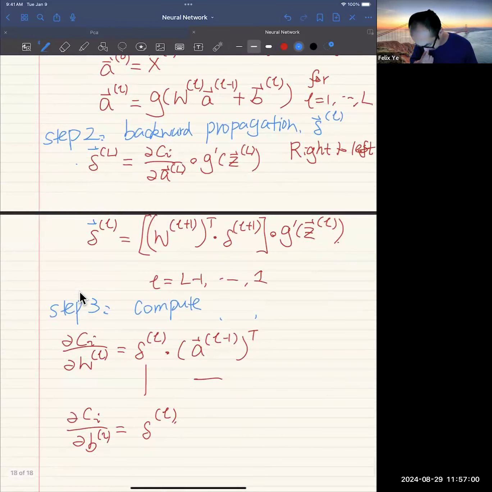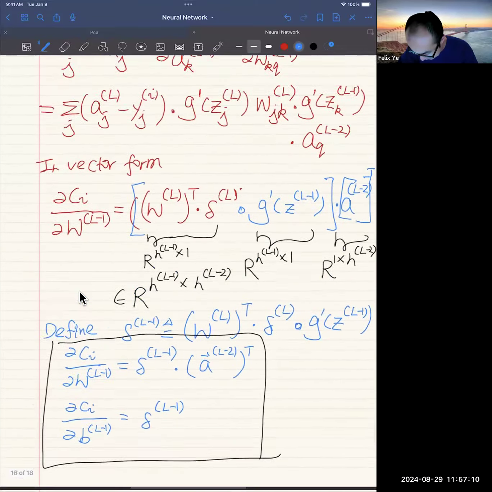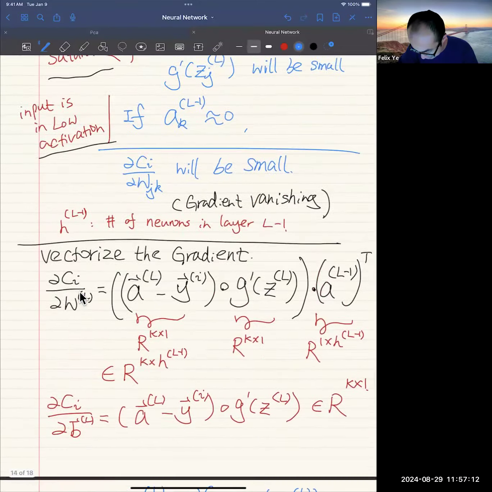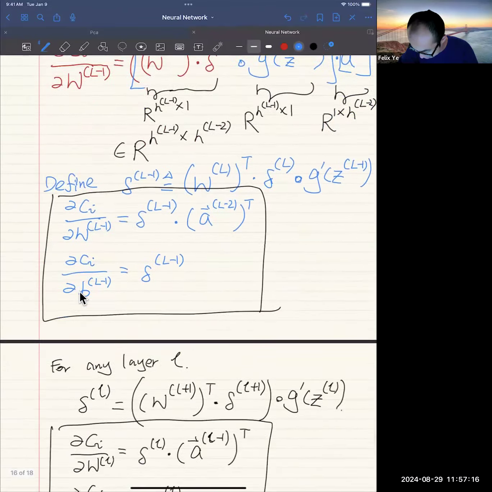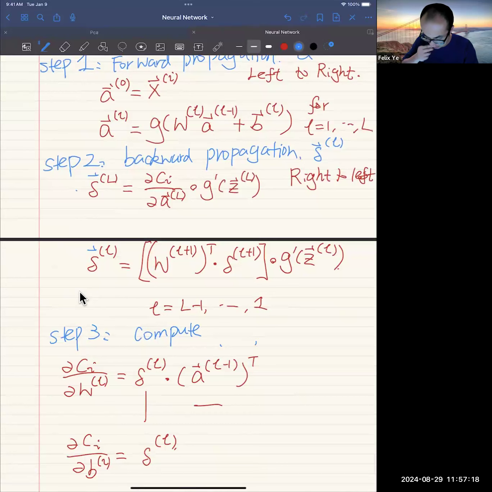At the end we calculate the gradient in this manner. All right, so that is backward propagation. You can see the math here is quite intense. It's quite significant, so that's why I want to spend a little bit of time to talk about this. In the next lecture, we're going to implement everything from scratch. All right, so that's it.